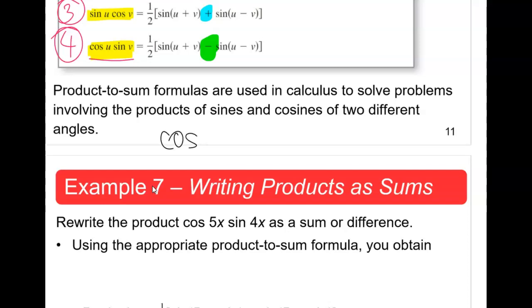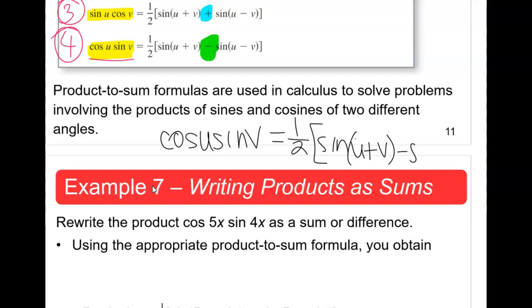Cosine of u, sine of v is equal to 1/2 bracket, sine, parentheses, u plus v, parentheses, minus sine of u minus v, and close the bracket. Okay, so using the appropriate product-to-sum formula, we obtain.